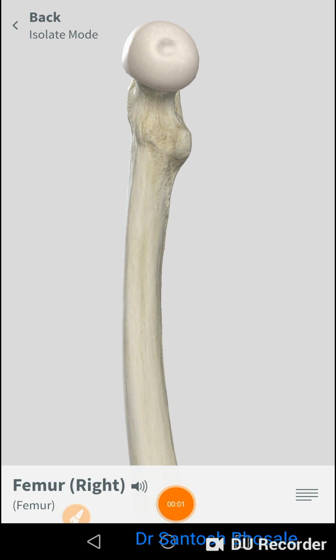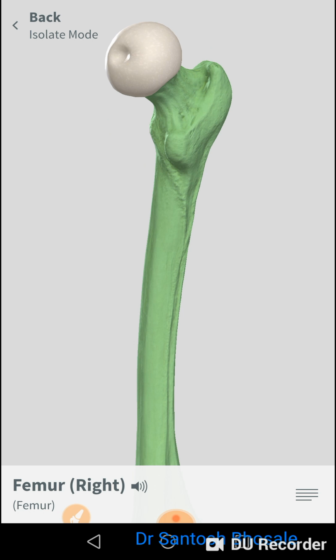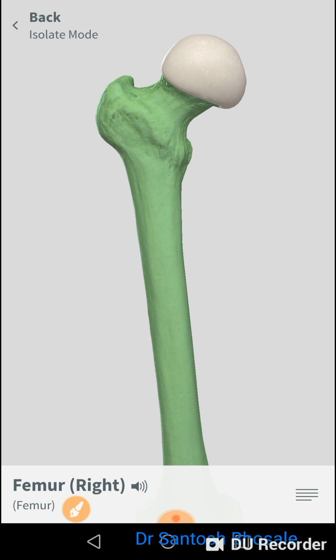The lesser trochanter is a conical prominence directed medially and backwards from the junction of the posterior inferior part of the neck with the shaft. This is the lesser trochanter, what you can see here, and you can see the intertrochanteric line here.